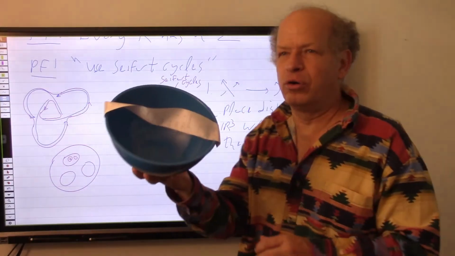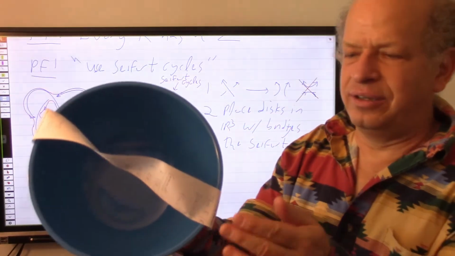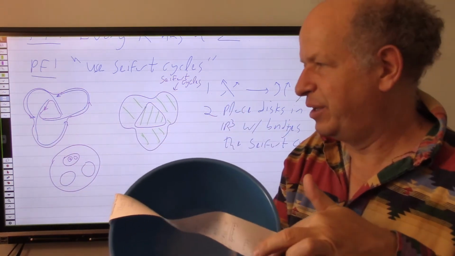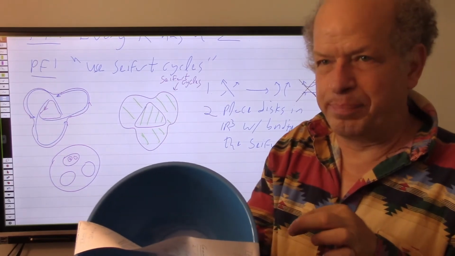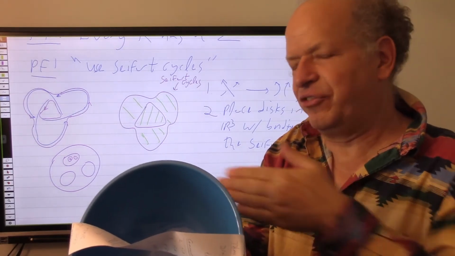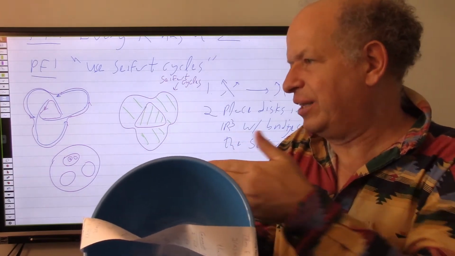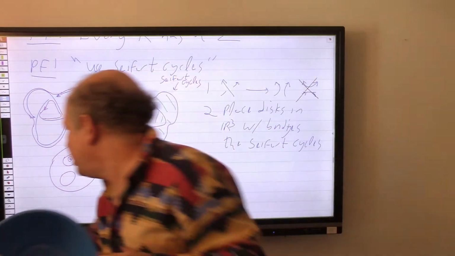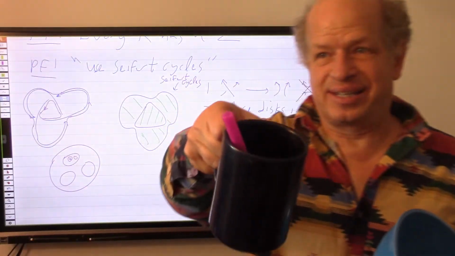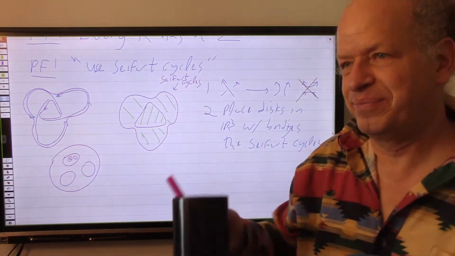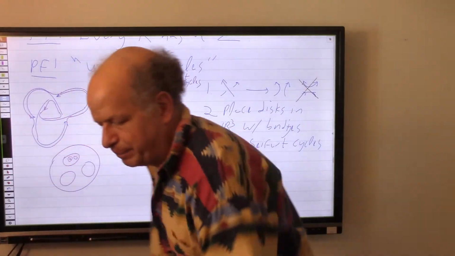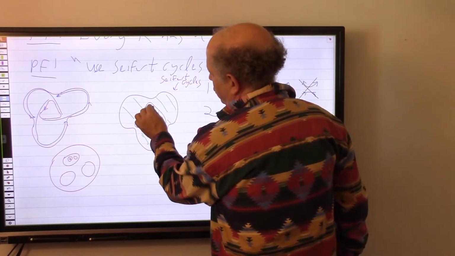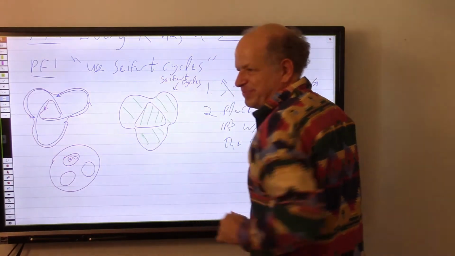So here is a cycle, and the disks drop to the background a little bit and then become flat, and so they look like bowls. Or maybe like mugs, okay?